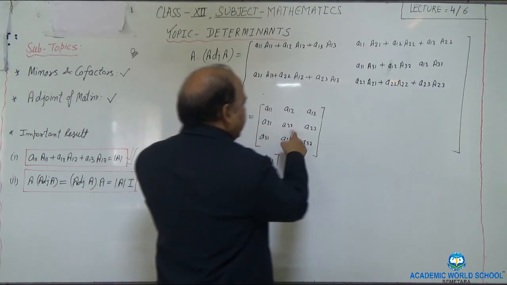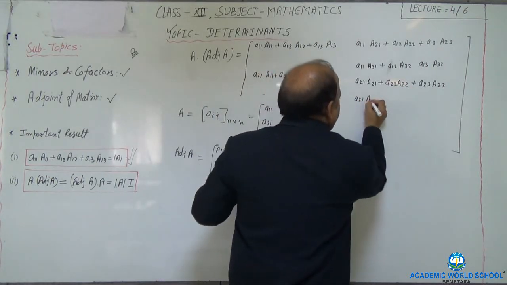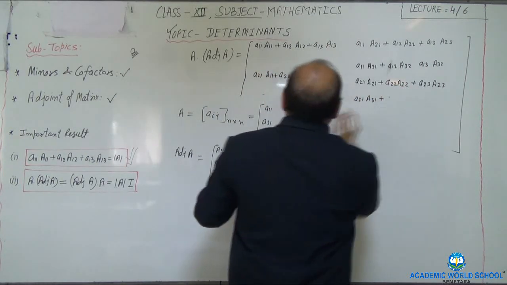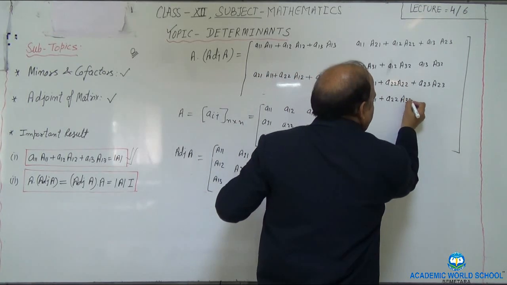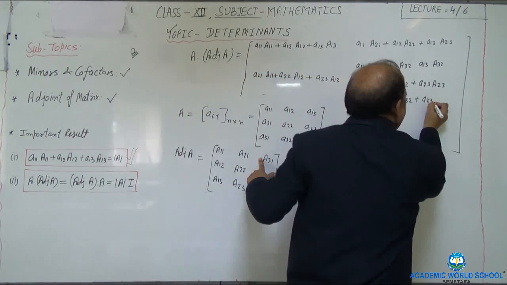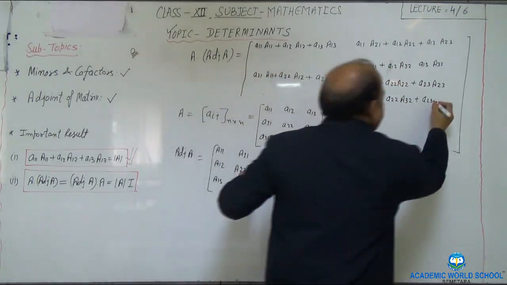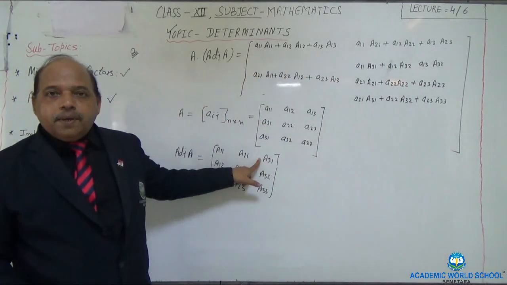So if I take the second row, this will give you A21 times A31 plus A22 times A32 plus A23 times A33. Our second row is also completed.